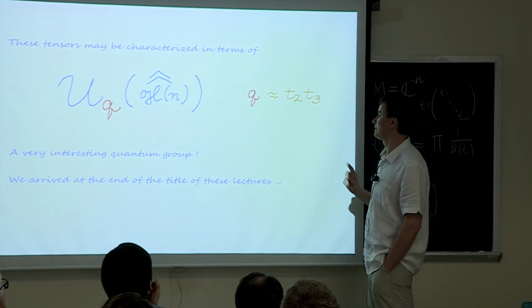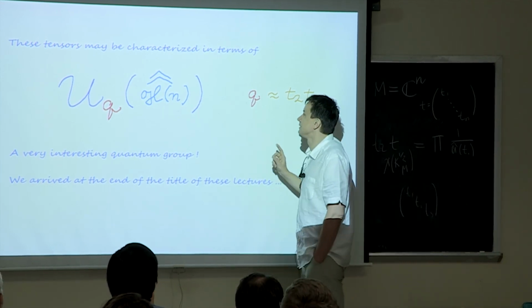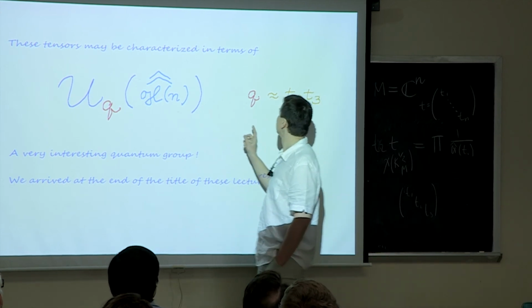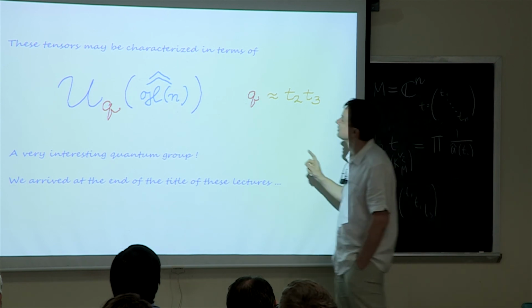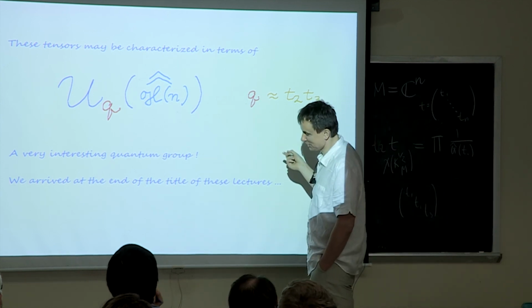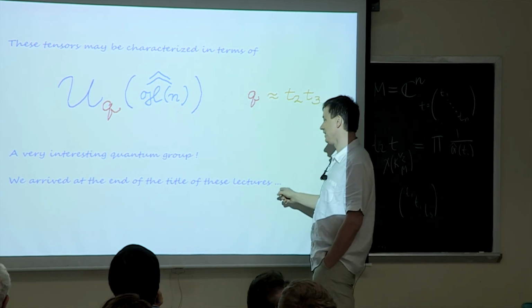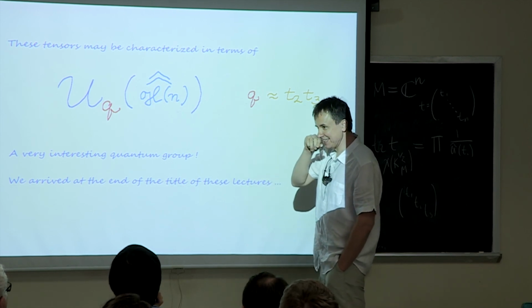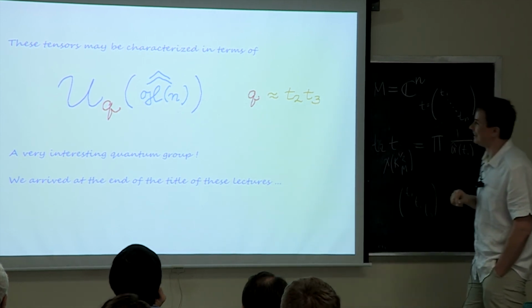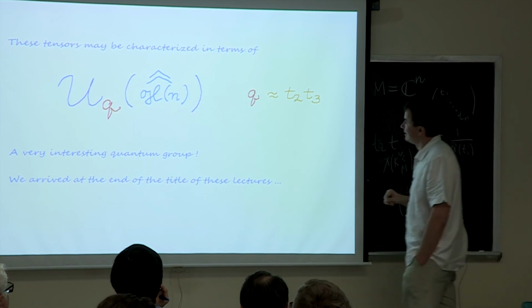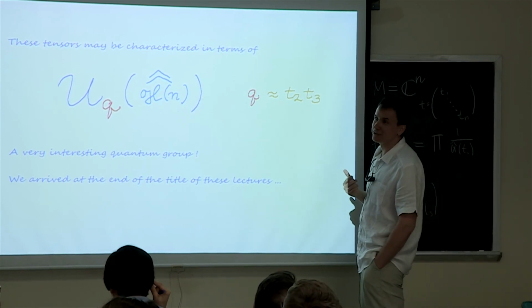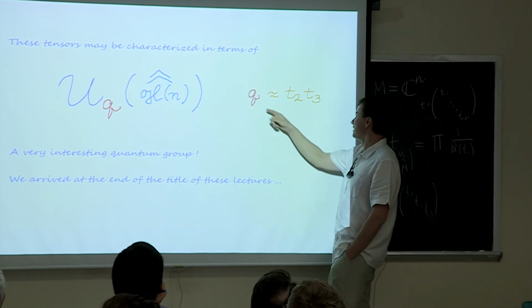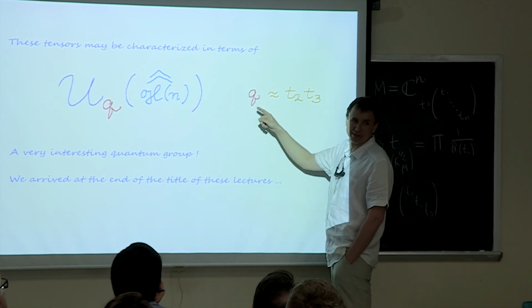So there's some very interesting quantum group, and so we got here to the end of the title. I ran out of transparencies 2 minutes too early, but my plan was to show them all in the first lecture.